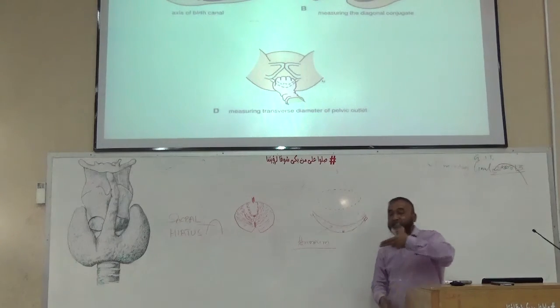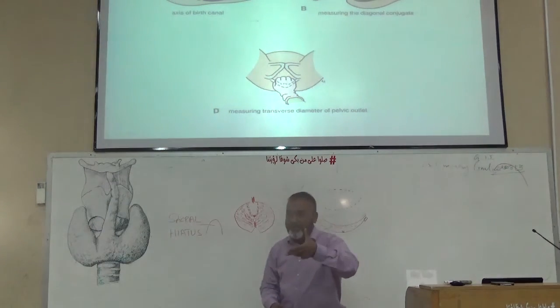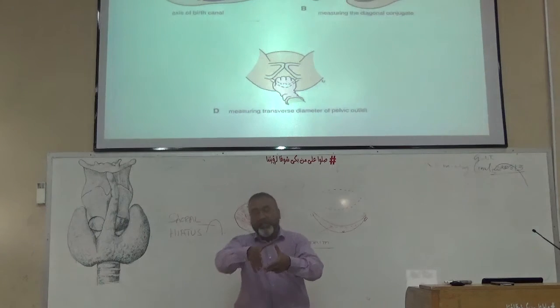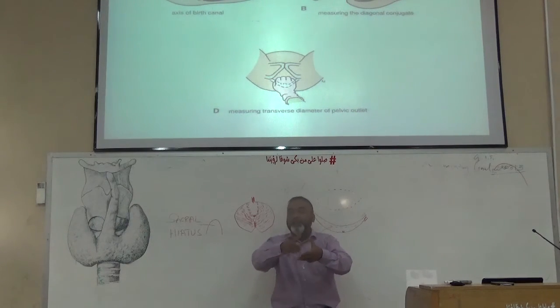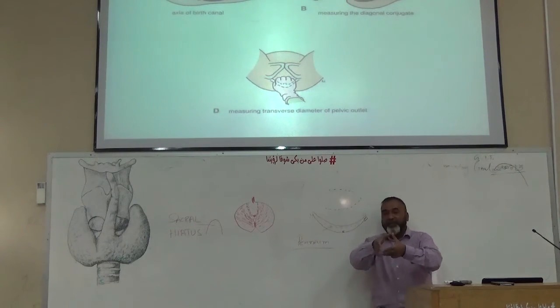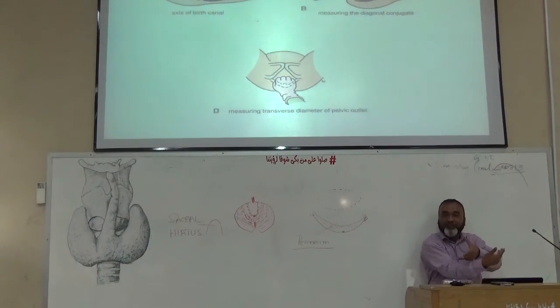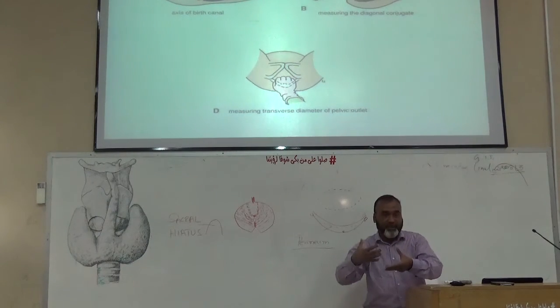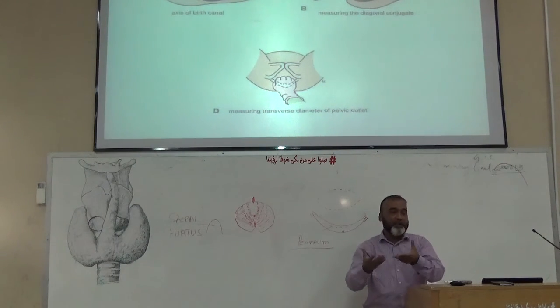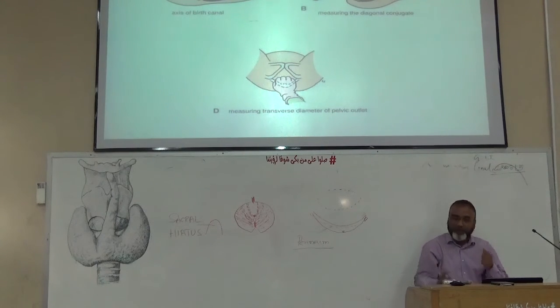This is named as the diagonal conjugate, and then after that they measure the distance between the two. If it is normal, then it is possible for the passage of the fetus. But if this is narrow, the head can get stuck over here, then the gynecologist usually performs surgery, in order to save the life of the baby.